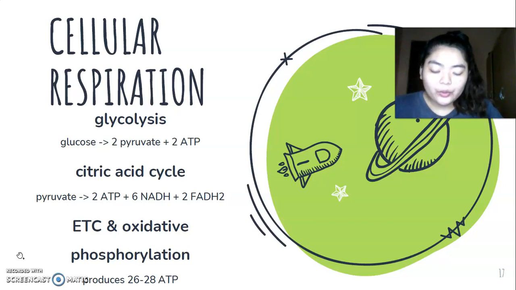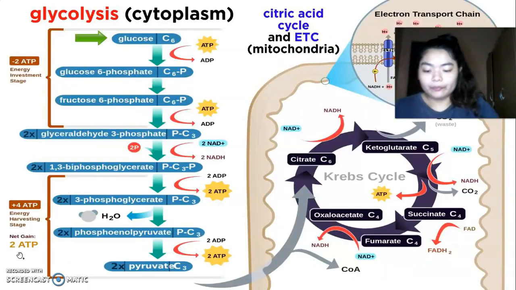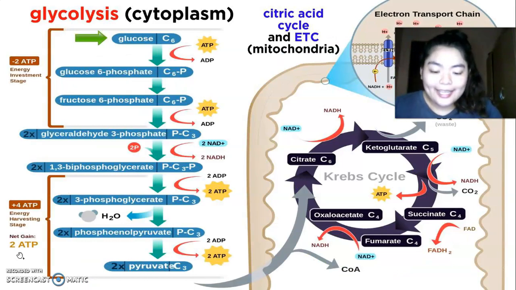Here, those 2 pyruvates generate another 2 ATP, but they also generate 6 NADH and 2 FADH2 molecules that can go on to the electron transport chain, which gives us our big ATP payout. This is a summary of the 3 steps in cellular respiration, all starting with just one molecule of glucose.